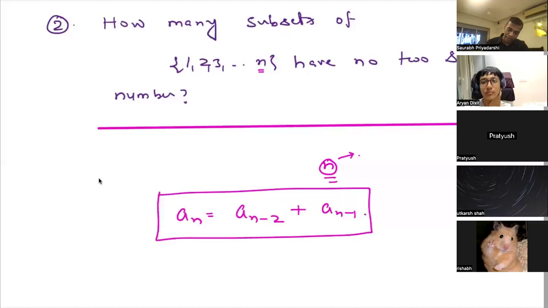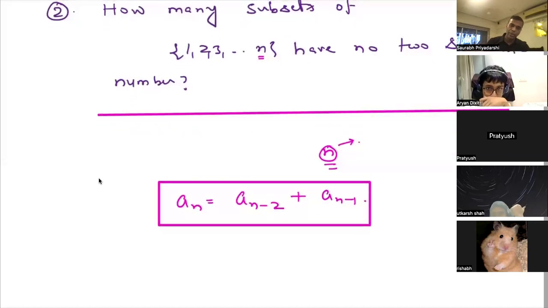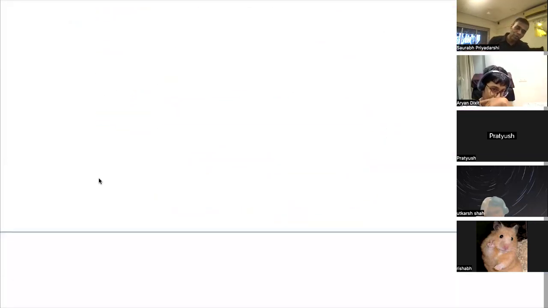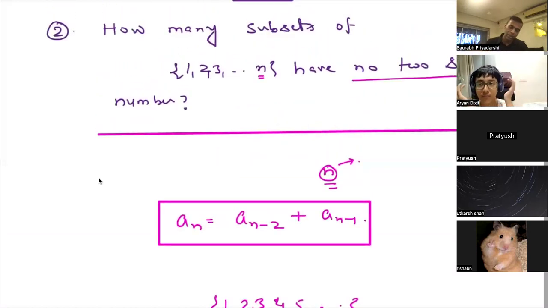But the second, for generalization of this, you don't think it's coming as ki 1 ke baad 2 or 3 or 4 or 5 is coming. Just I have to see ki two successive numbers are not coming. So let I have a string of 0 and 1, and we can reframe the question: after 0, it has not to come 0, or after 1, it's not coming 1.